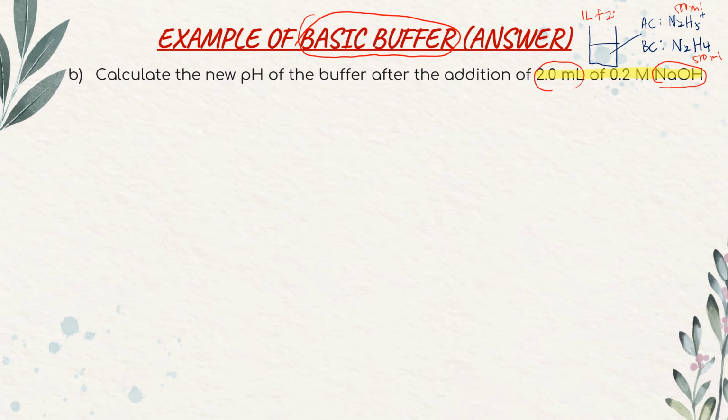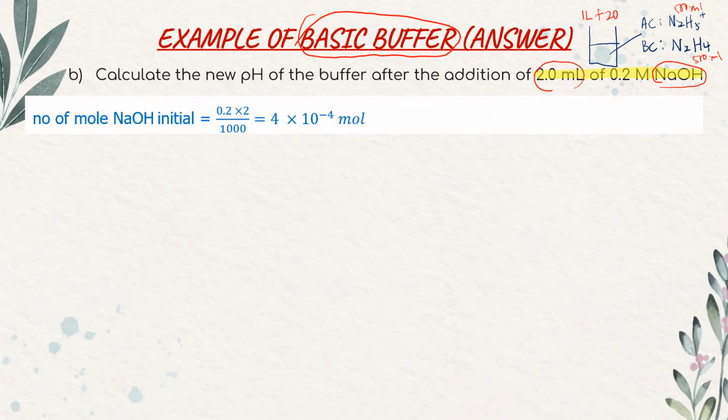So, we add another 2 ml, 0.02 liter dekat sini. We add another volume. Okay, jadi apa yang akan berlaku adalah we need to find the number of mole of the sodium hydroxide dulu, the initial number of mole.